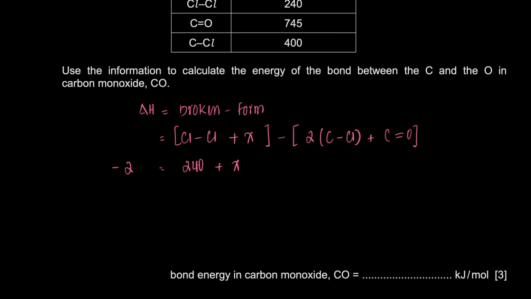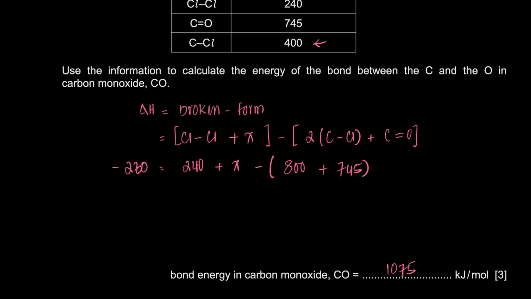This is minus 230, of course minus, and minus this entire thing. 2 C-Cl is 800, I'll just put that directly. This value times 2 plus C-O, which is 745. And the final value will very likely come out to, I think, 1075.